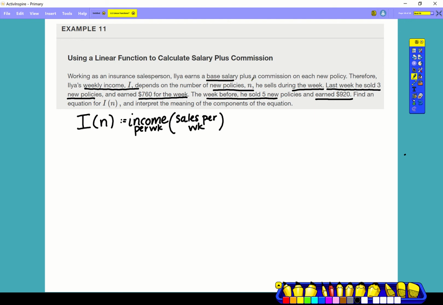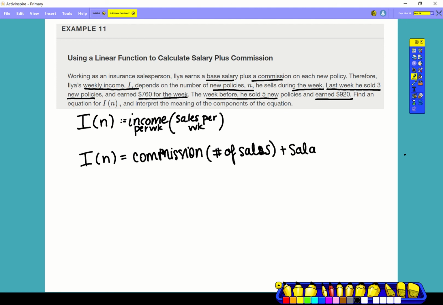So he earns a base salary plus a commission. So what that means is that I of n is going to look something like the commission times the number of sales, because commission is per sale, plus the salary. And that's what base pay means. That means you get paid that regardless.